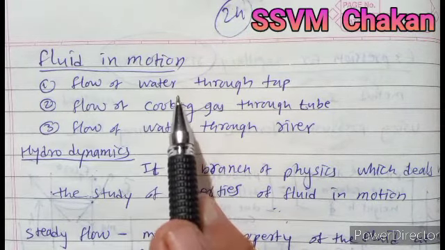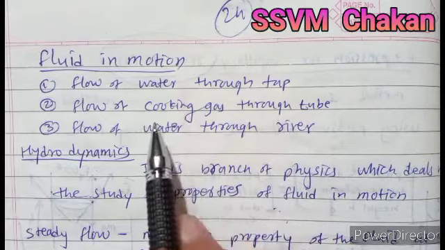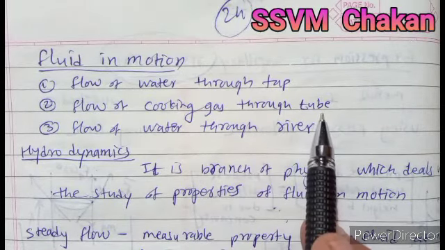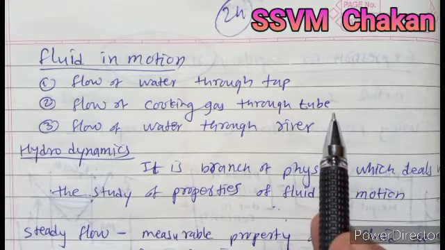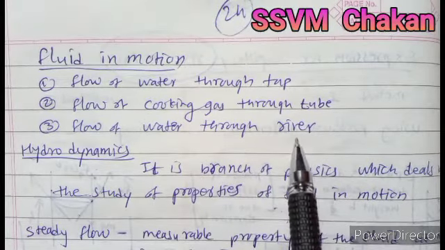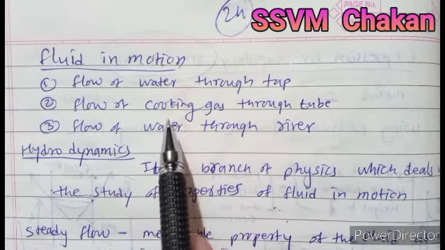Fluid in motion: flow of water through a tap, flow of cooking gas through a tube or through a pressure cooker, flow of water through a river. These are the types of motion of a fluid.